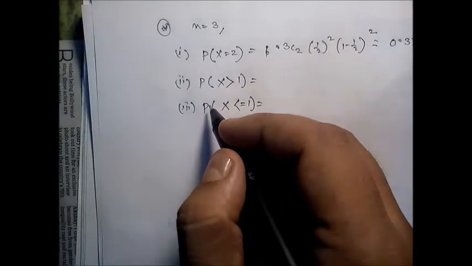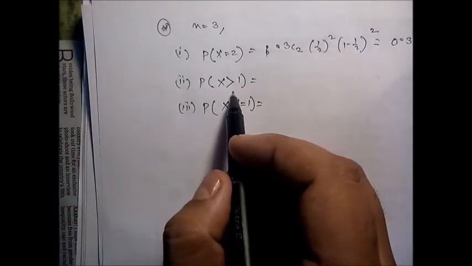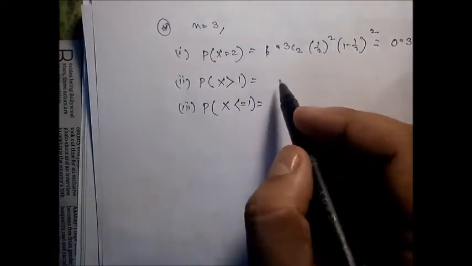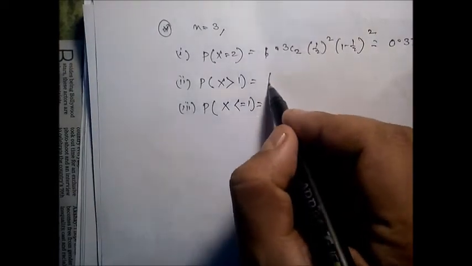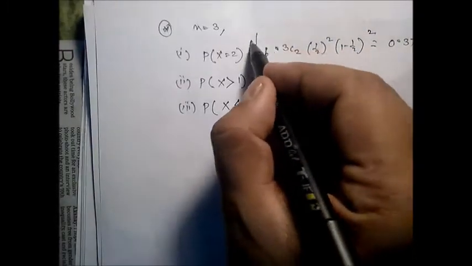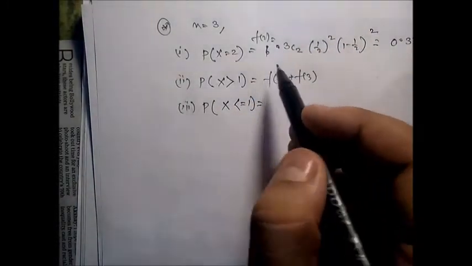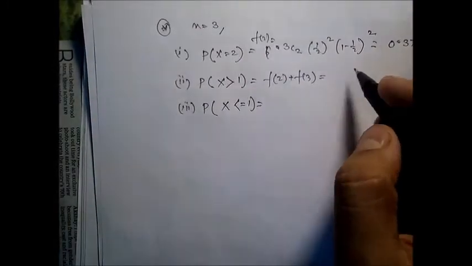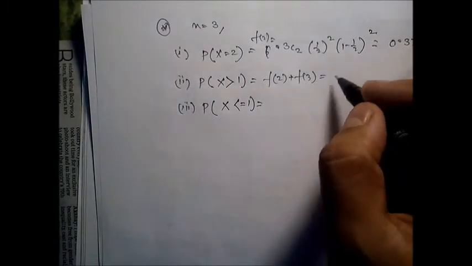More than 1. Okay, so more than 1 means we can write f2 plus f3. Since it is f2 and f3, more than 1 means 2 and 3. So it's a very simple formula.